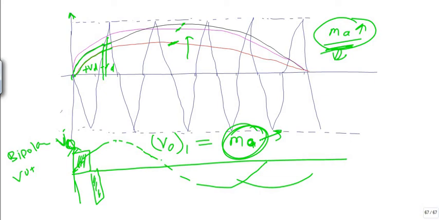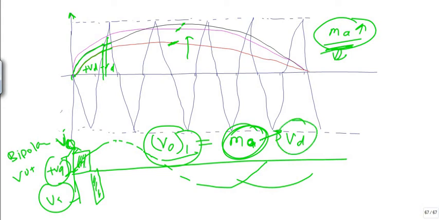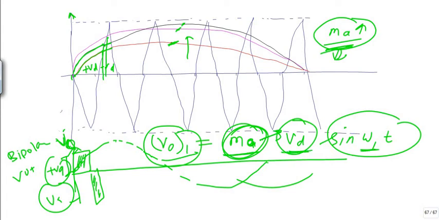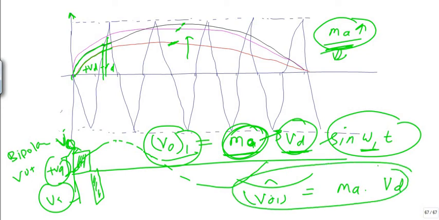At the same time it also depends upon plus VD and minus VD, so it is also dependent on VD. Since this is the fundamental component, we write sin of omega 1 t. So the fundamental component of the output voltage depends upon the modulation index, the input DC voltage and the frequency, and its peak is equal to MA times VD.